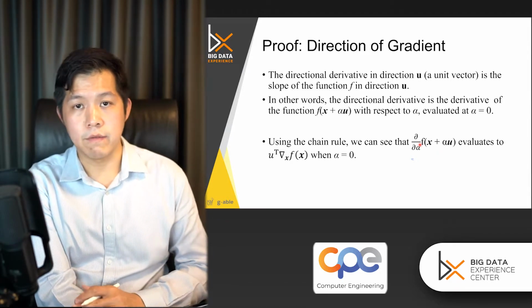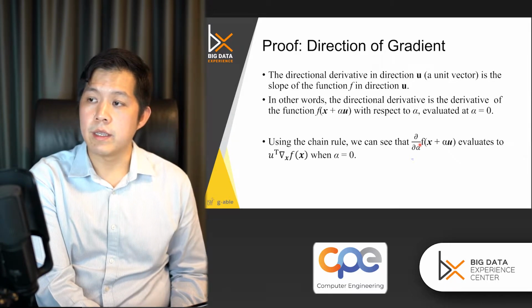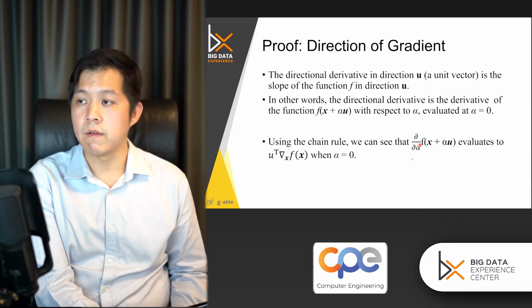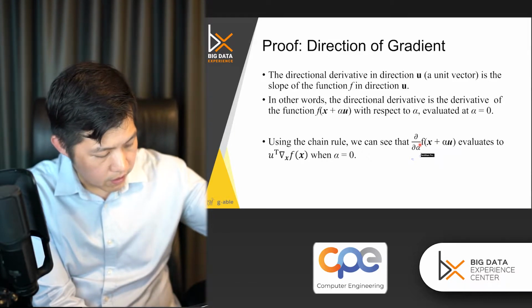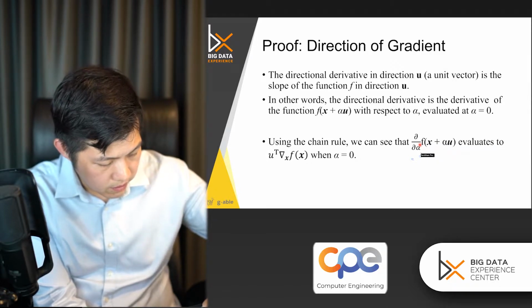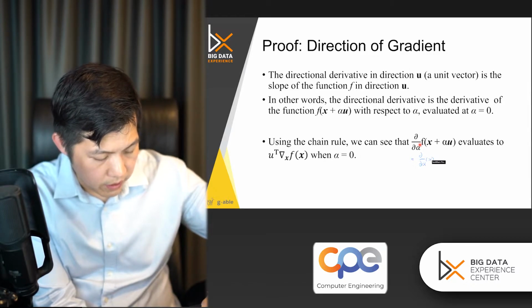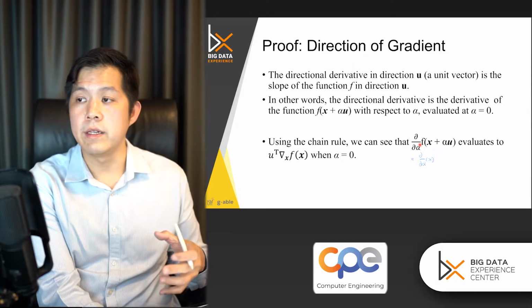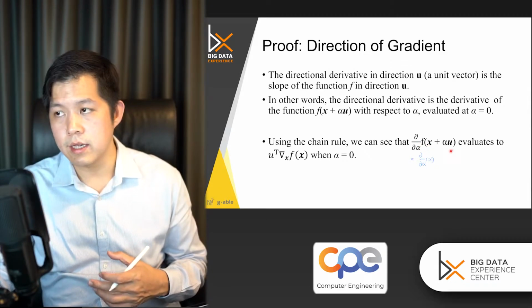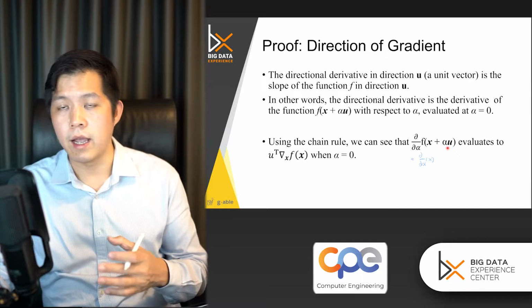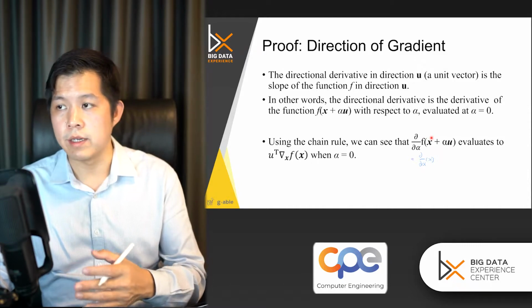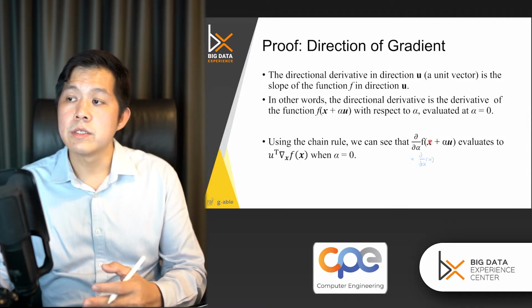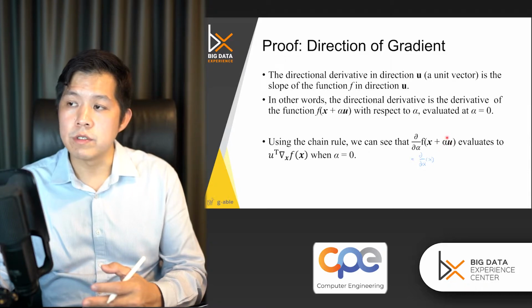So when we take the derivative of this function, because this function contains input of alpha and u, what we have here would be the derivative with respect to alpha, and then the derivative of the inside, and the parenthesis contains x and alpha u. Usually when you take a partial derivative, the one that doesn't contain the element will be treated as a constant. So the remaining of this one would result in just u.